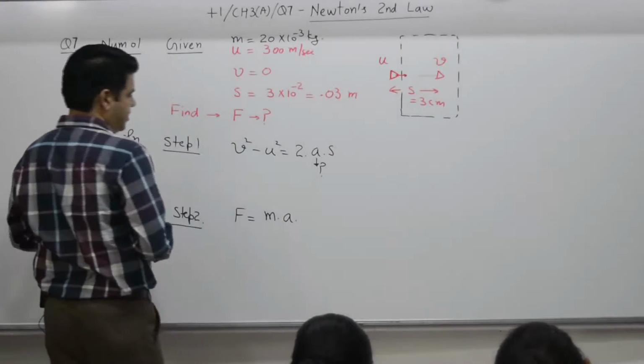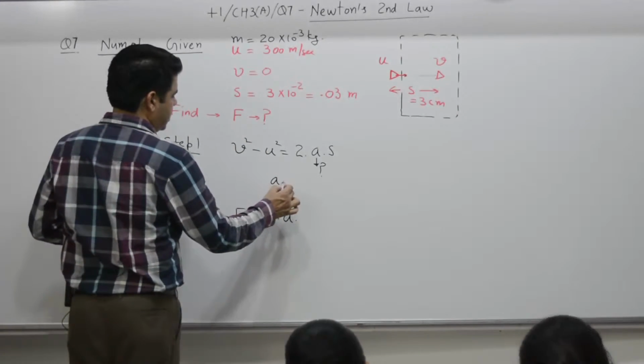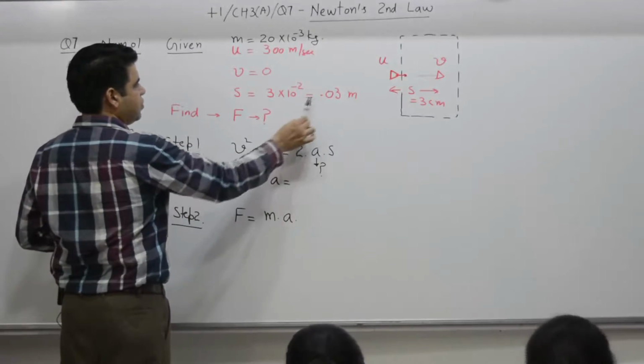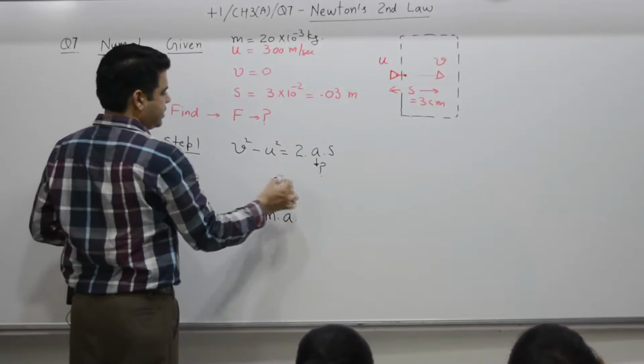Step 1, a is equal to what? If you put v is equal to 0, u is equal to 300, s is equal to 0.03, a is equal to what?